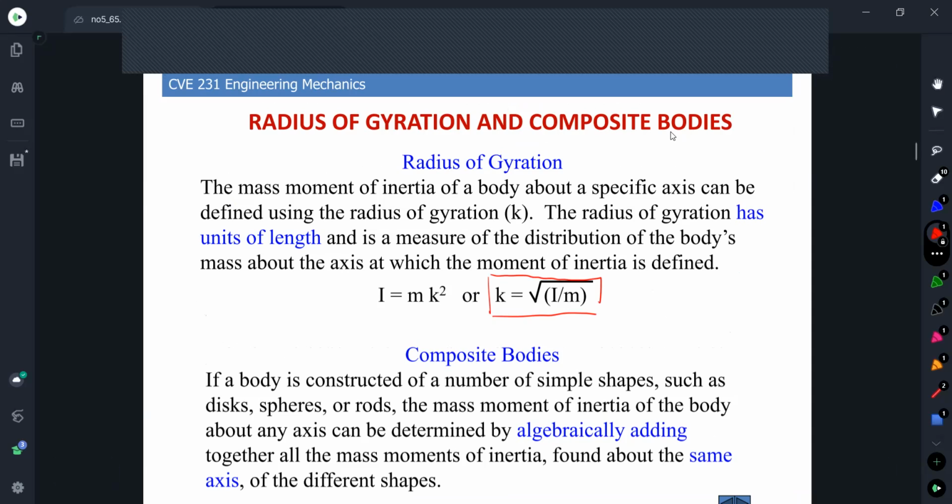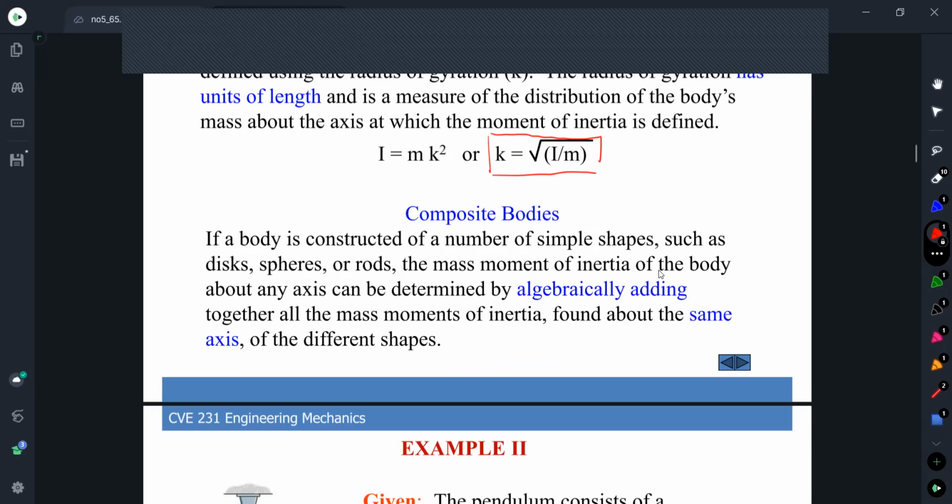For a composite body, we apply the parallel axis theorem and sum up the mass moment of inertia of each part together to find the total mass moment of inertia of the composite body.